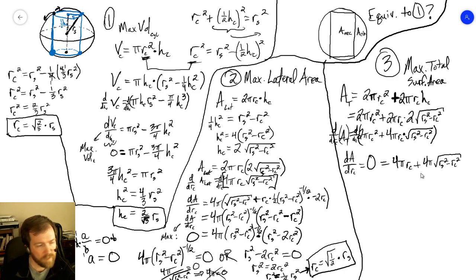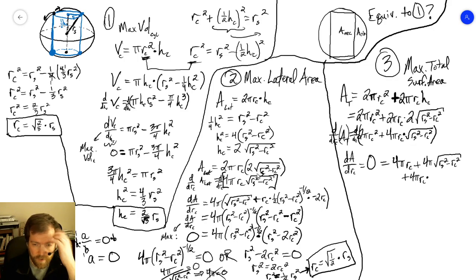Alright, and then I'm just going to move it down to the next line. This is going to be 4 pi rc plus 4 pi rc times the derivative of the other stuff, which we did on the other side.